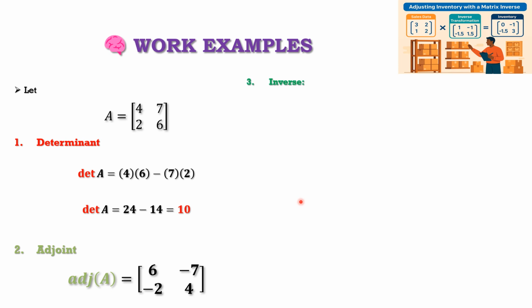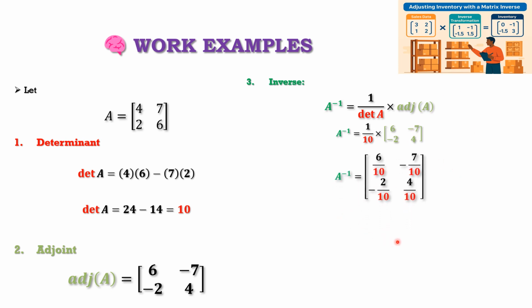So the inverse will be of the form A inverse equal to 1 over the determinant of A times the adjoint of A. So A inverse will be equal to, the determinant is 10, so 1 over 10 times the adjoint that we have here.